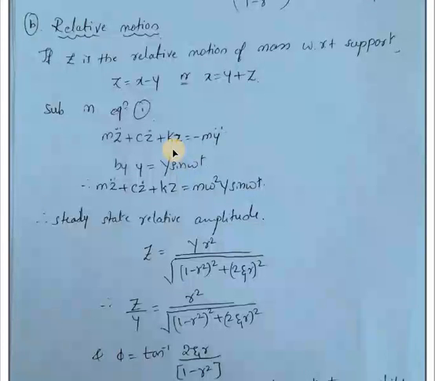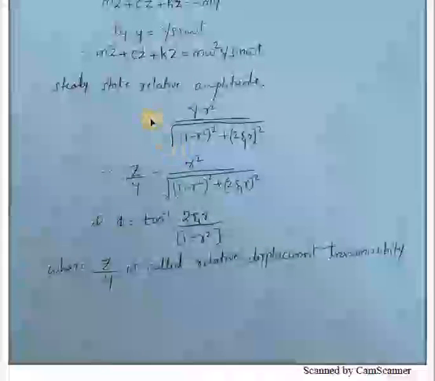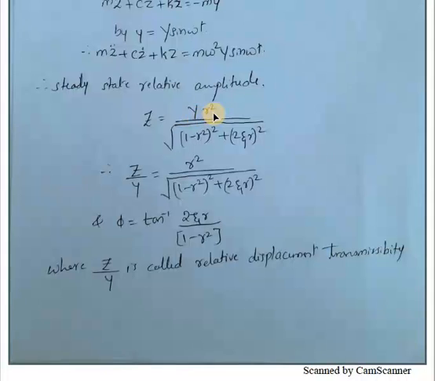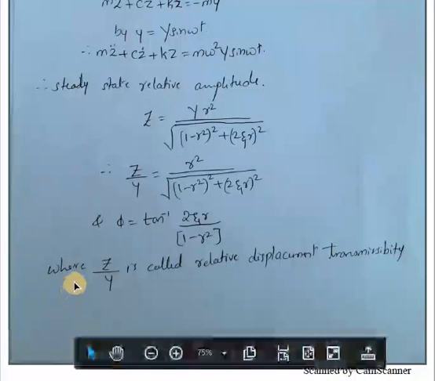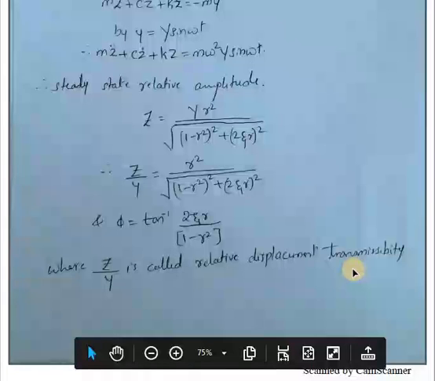For the steady state amplitude, if you simplify, you get Z equal to Y into r square divided by the root of 1 minus r square whole square plus 2 zeta r whole square. And phi is tan inverse of 2 zeta r divided by 1 minus r square, where Z by Y is called the relative displacement transmissibility.